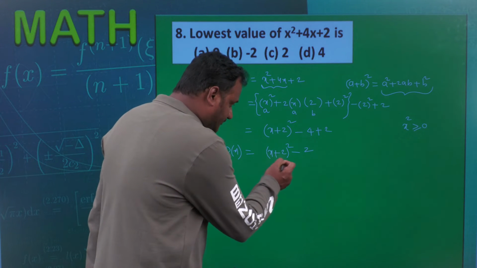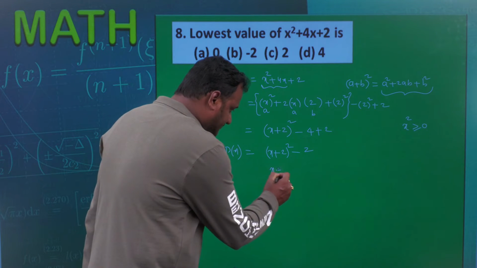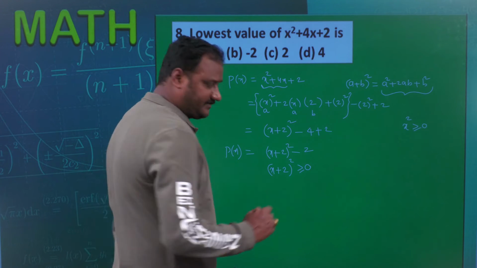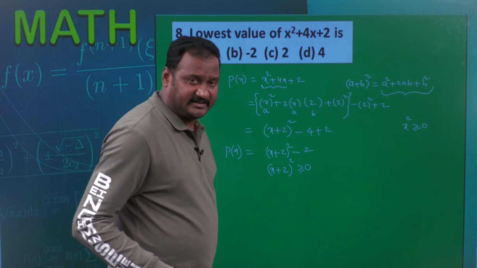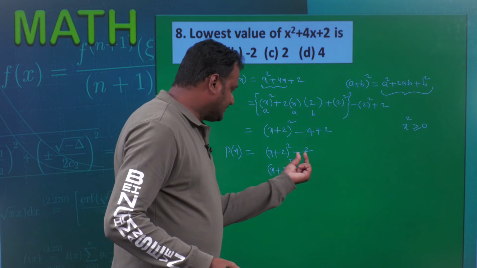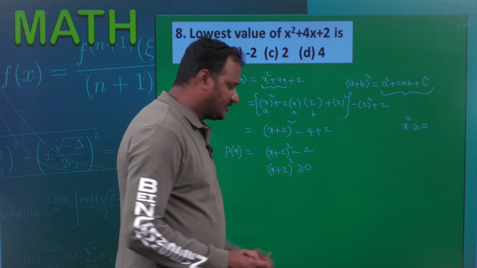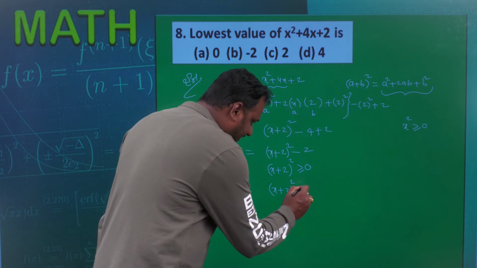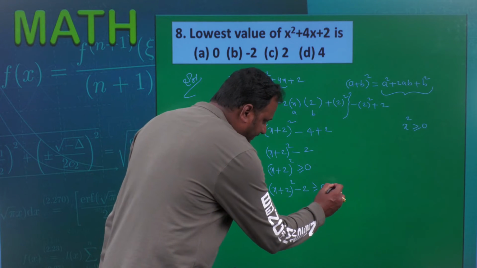Since it is also the square of a real number, x plus 2 whole square is always greater than or equal to 0. If x plus 2 whole square is greater than or equal to 0, add minus 2 on both the sides, then x plus 2 whole square minus 2 is greater than or equal to 0 minus 2.